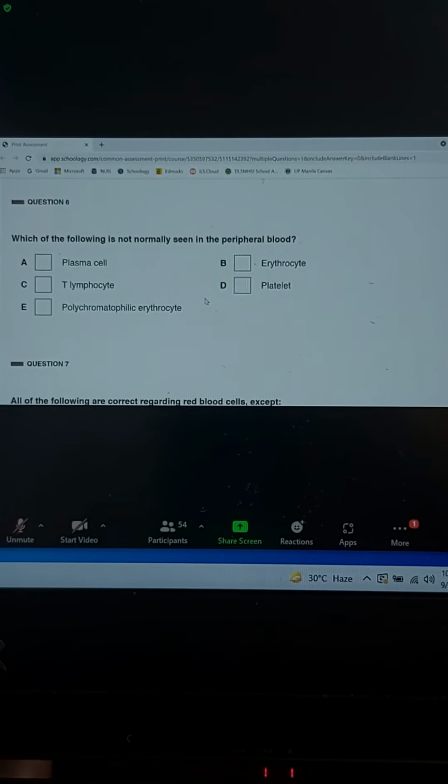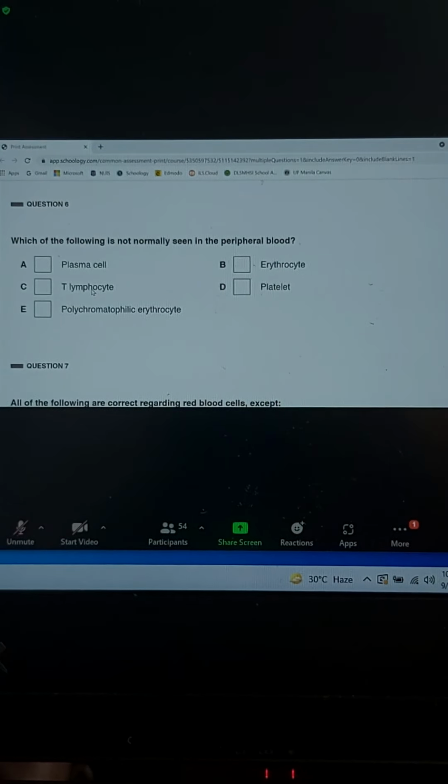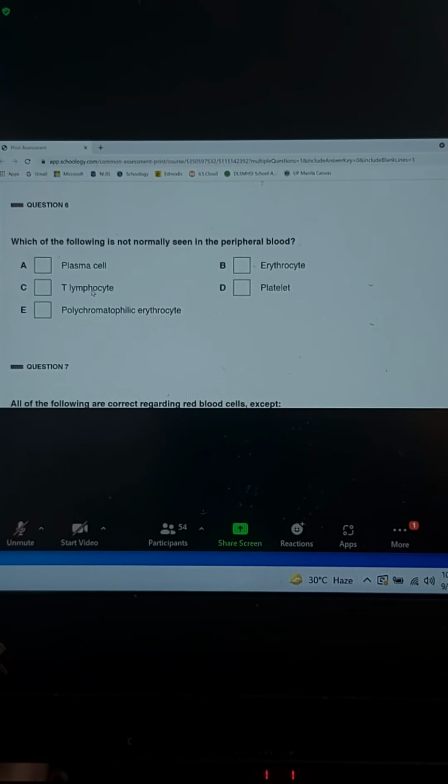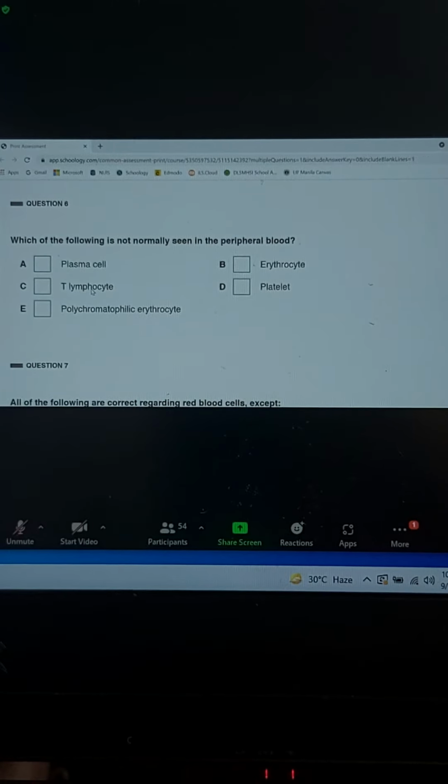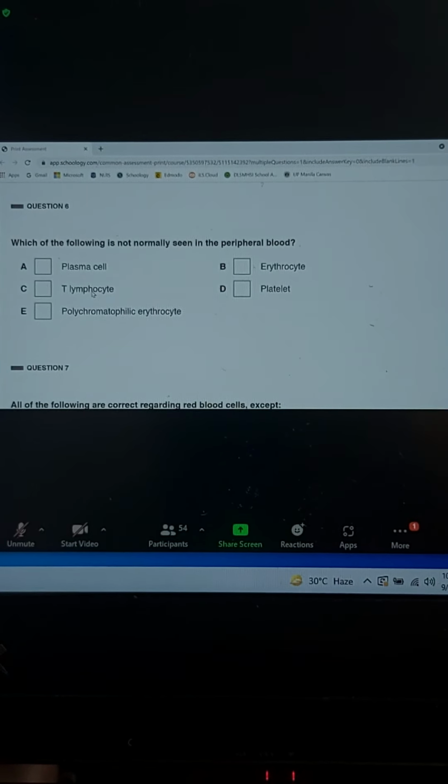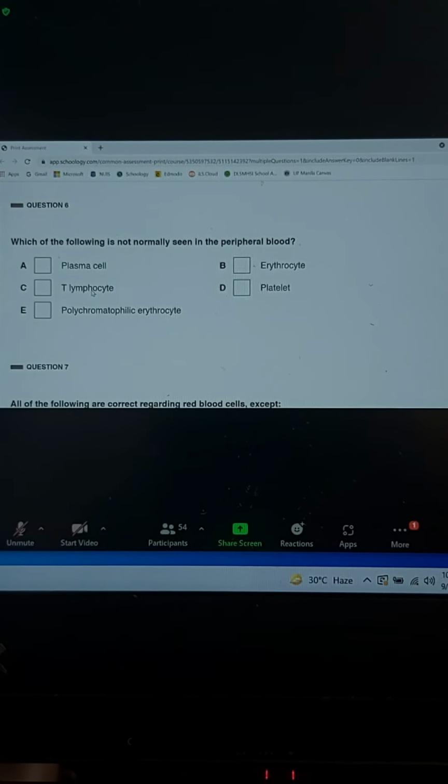Right, so question number 6. So which of the following is not normally seen in the peripheral blood? What's the correct answer? Ano daw ang hindi nakikita sa peripheral blood class?